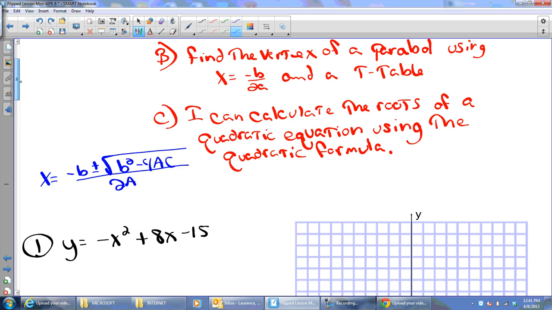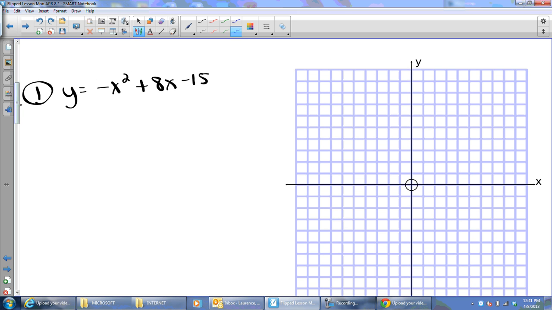Okay, so let's get down to it and do some practicing here. First thing I'm going to do is determine how many solutions. So I'm going to go looking for the discriminant. I'm going to do a is negative 1, b is 8, and c is negative 15, right? So b squared is going to be 8 squared minus 4 times negative 1 times negative 15.